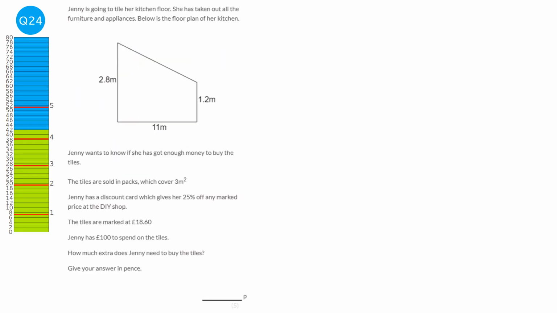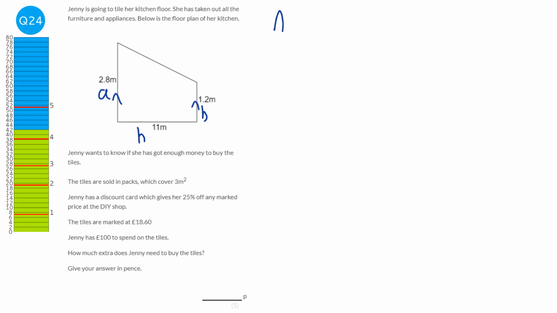The first thing we need to do is work out the area of the floor, and you'll notice that this is a trapezium. So with a trapezium, the formula is half (a plus b) times h, and a and b are the parallel sides, so these ones are the parallel sides, and the height is the one connecting the two bases, the two parallel sides.